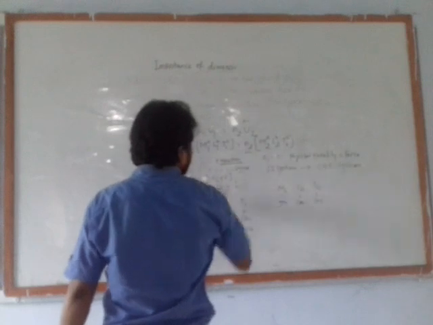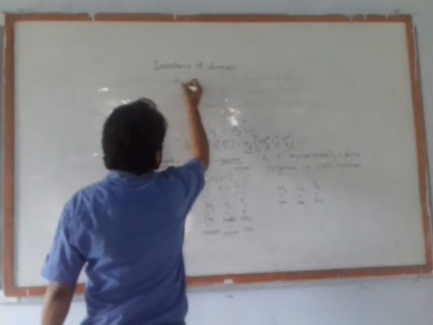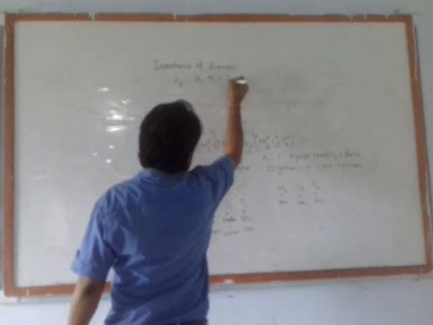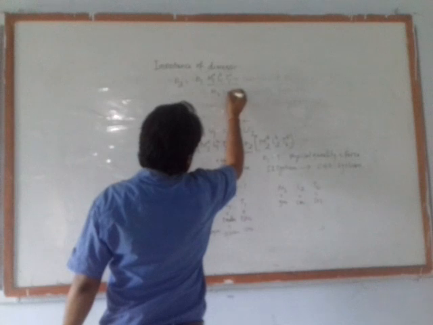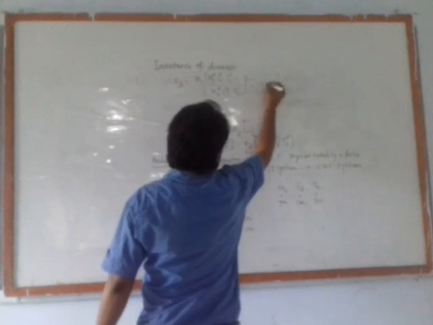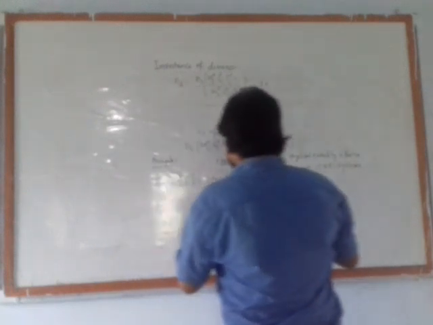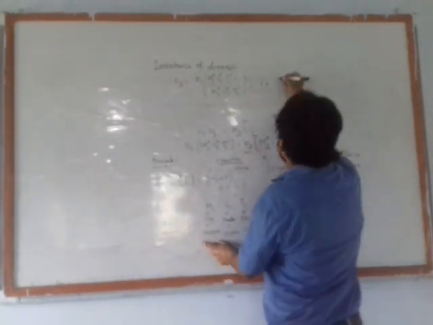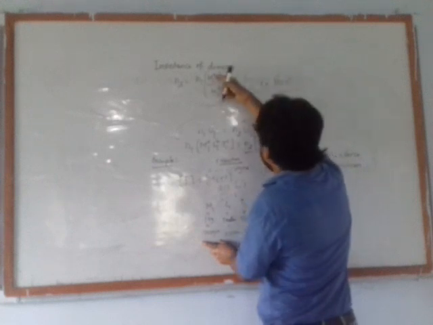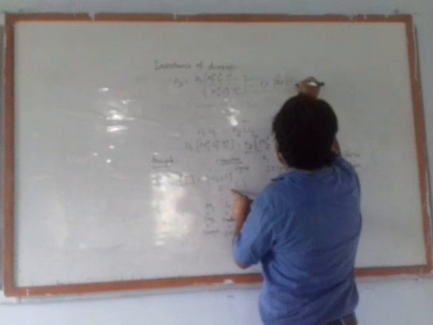Now let us use it. We have to find this n2. So n2 is M1, L1, T1 to the powers a, b, c divided by M2, L2, T2 to the powers a, b, c. The value of M1 is 1 kg, which is 1000 gram, and the power is a, whose value is 1.